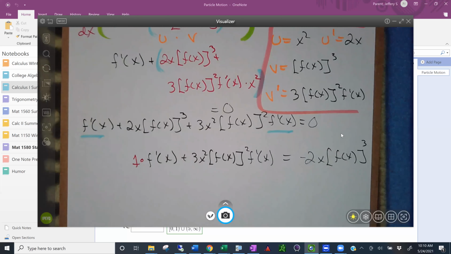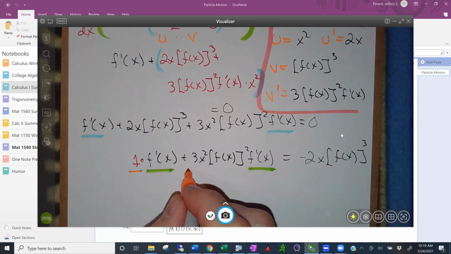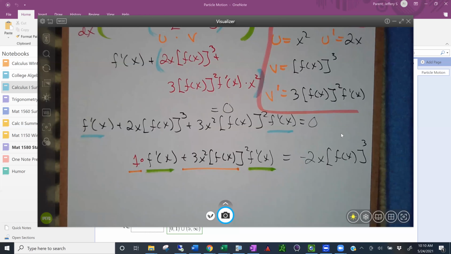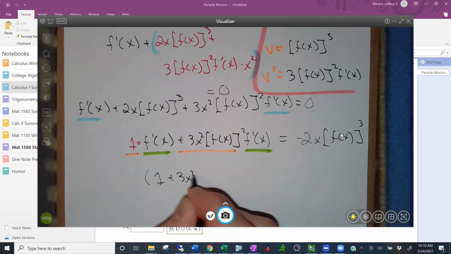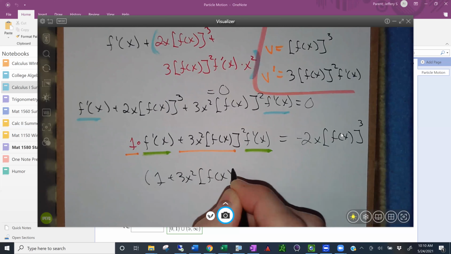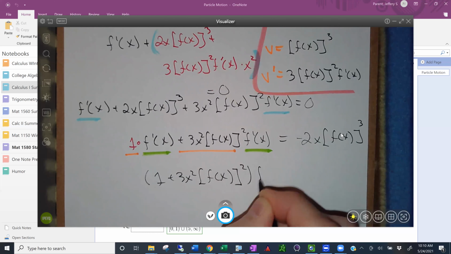The reason I'm taking the time to write in a 1 is I want to make it clear what happens when I factor out the greatest common factor. The GCF here is f prime of x. So I'm going to factor that out, and it's going to leave behind a 1 plus all that. So we're going to be left with 1 plus 3x squared f of x squared times f prime of x.